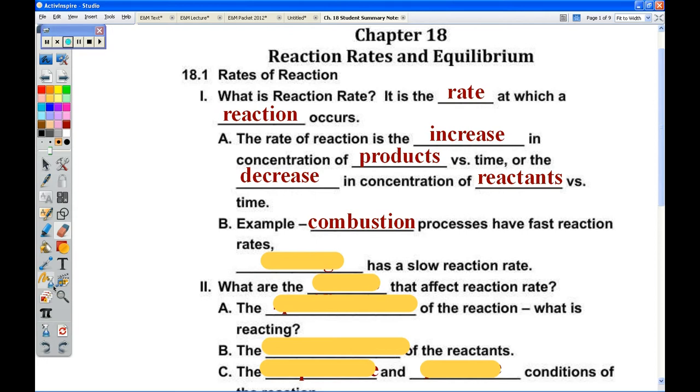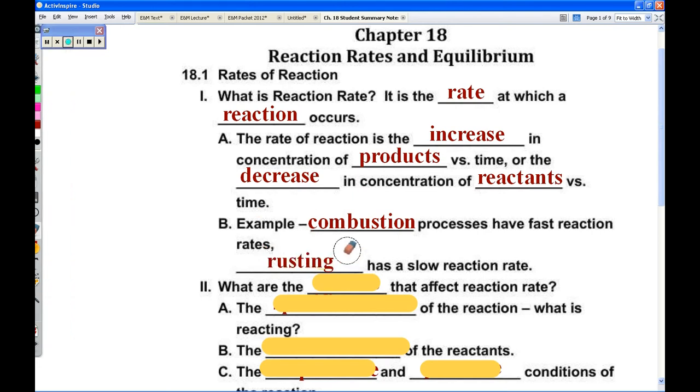That is a very fast reaction rate. Rusting, however, which is also a combustion process, has a very slow reaction rate, as evidenced by Uncle Wilbur's '52 Studebaker that he has on blocks out in his front yard. It's been rusting a very long time, but it still hasn't completely rusted away. So, no, it takes a long time for that to happen.